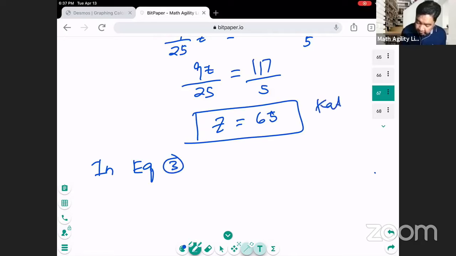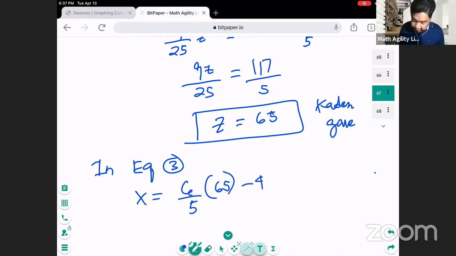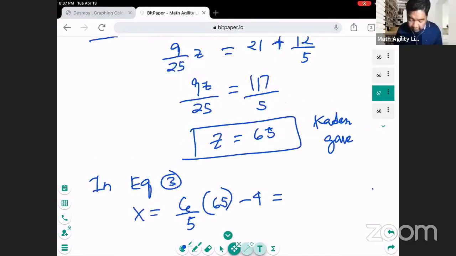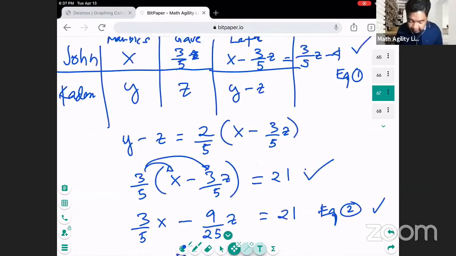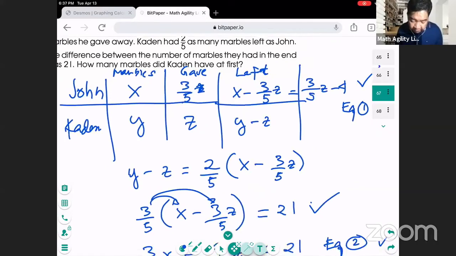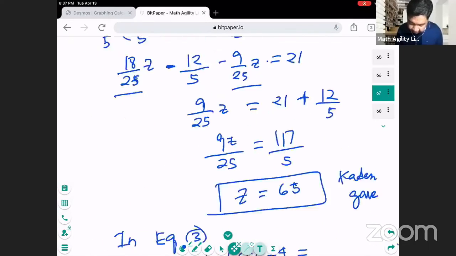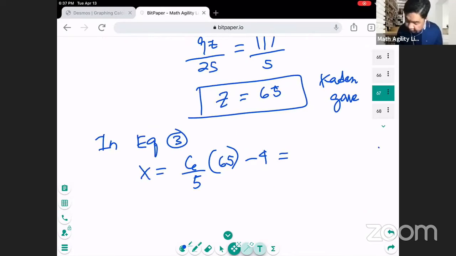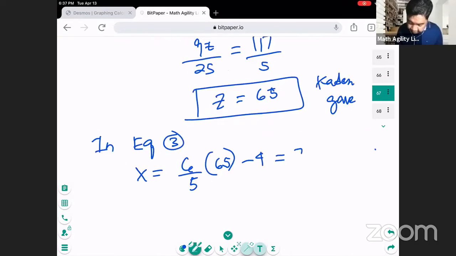So x equals 6/5 of 65 minus 4. So what is x? If we go back to our table, x is actually the total marbles of John initially. So this is a total of 74. So this is John's initial number of marbles, okay?